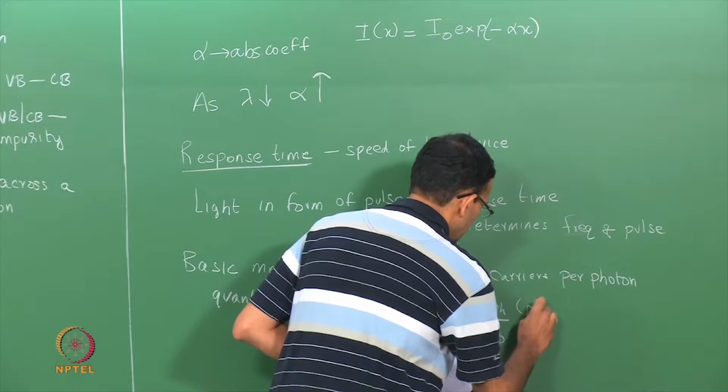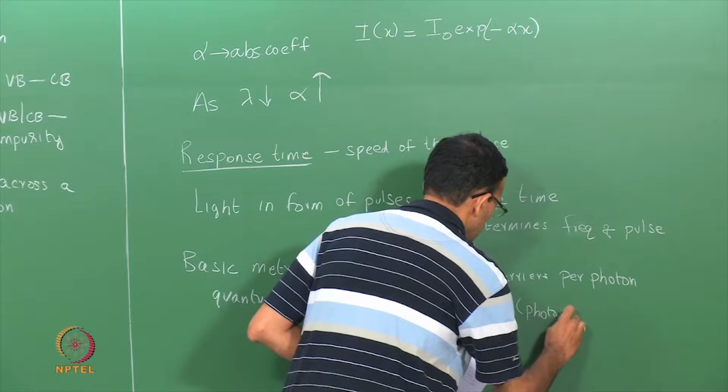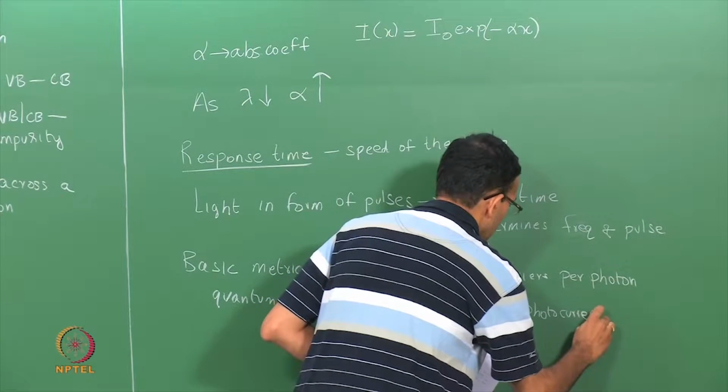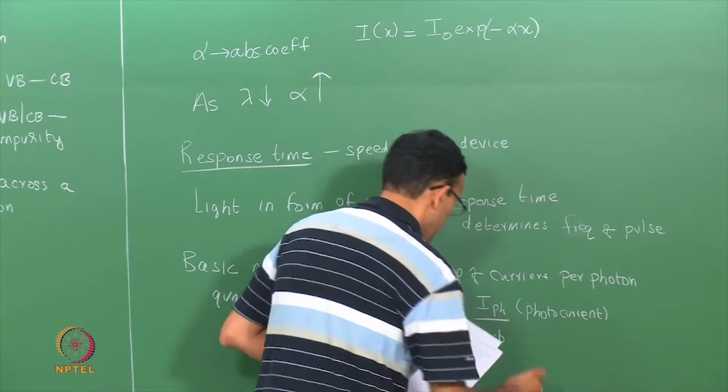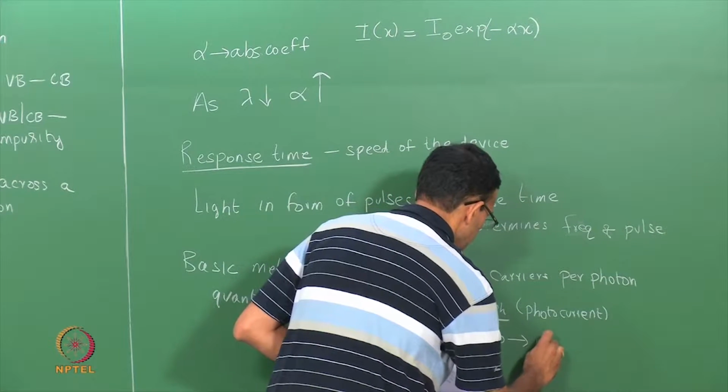So, IPH is the photocurrent, and this term phi is the photon flux.